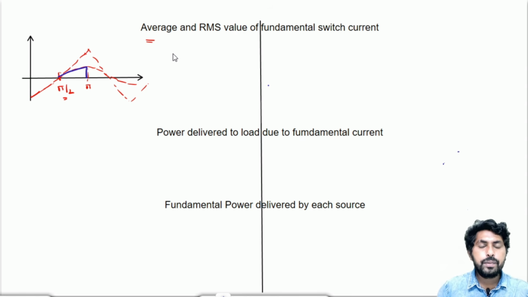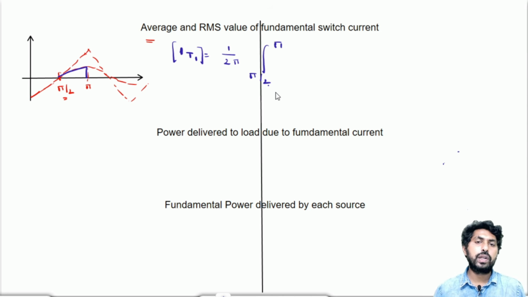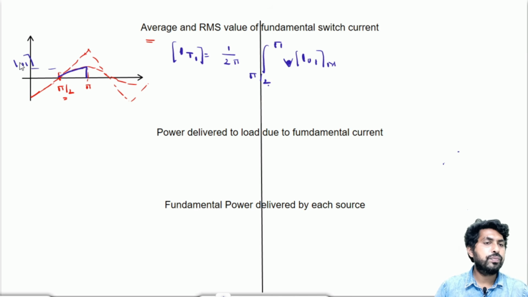So how can we find this? I switch fundamental, IT1, is equal to 1 by 2 pi into integration from pi by 2 to pi, that is 90 to 180 degrees, of I naught 1 max, which is the maximum value of I naught 1, into sine n omega t minus pi by 2 into d omega t.